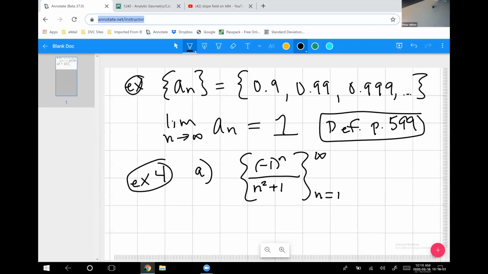So a couple of things to point out about this notation. This is another example of sequence notation, but instead of writing a sub n inside of the curly brackets, they just replaced a sub n with the formula for a sub n in the nth position.